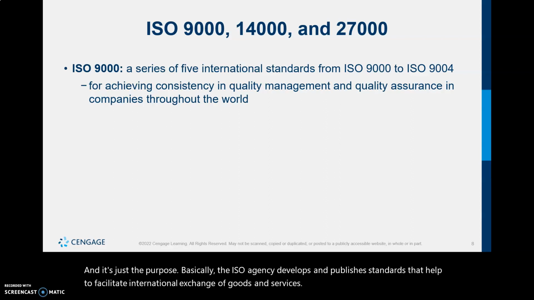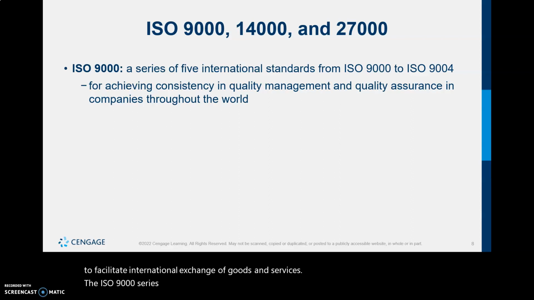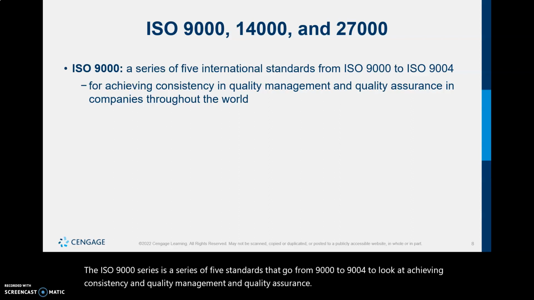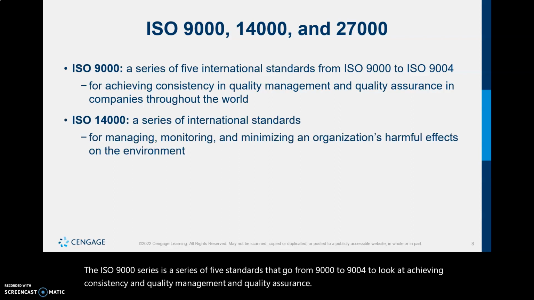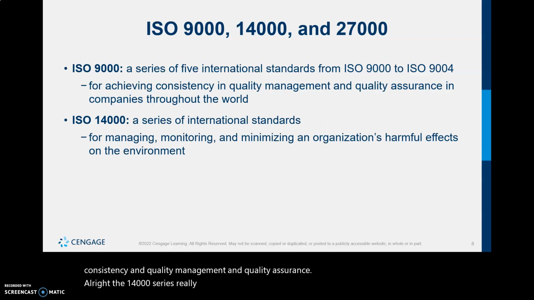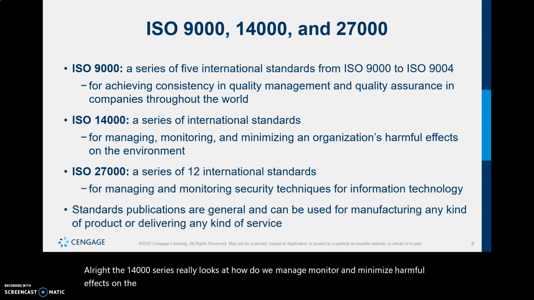The ISO 9000 series is a series of 5 standards that go from 9000 to 9004 and look at achieving consistency in quality management and quality assurance. The 14,000 series looks at how we manage, monitor, and minimize harmful effects on the environment. And the 27,000 series looks at monitoring security, specifically in terms of information technology.